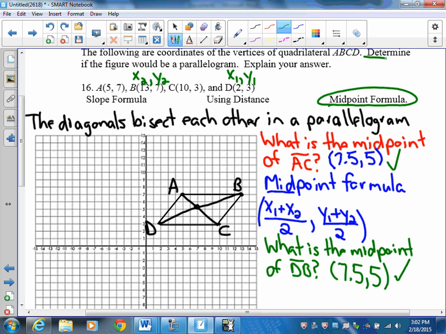So whenever we're determining if the figure is a parallelogram, yes, we're going to explain our answers.